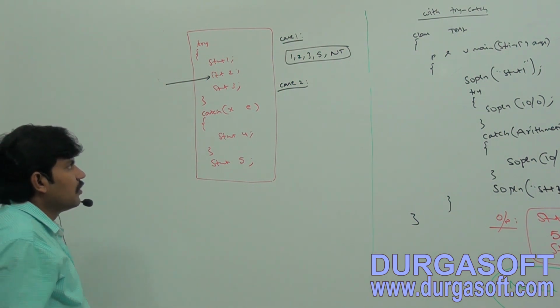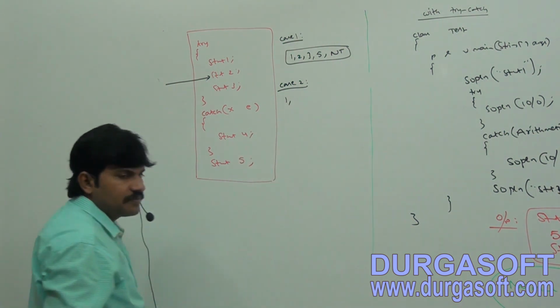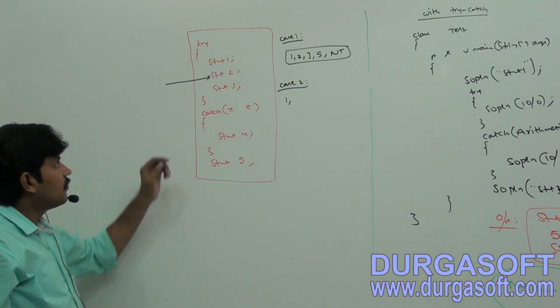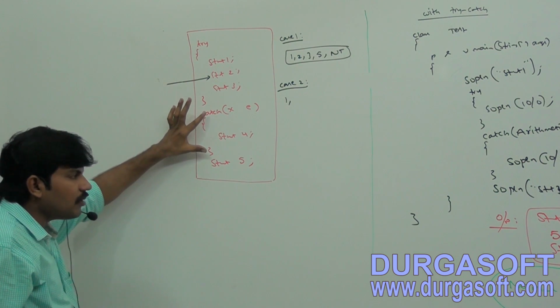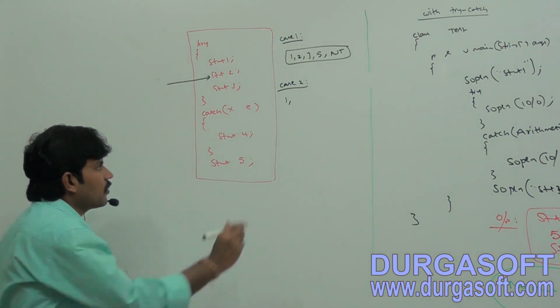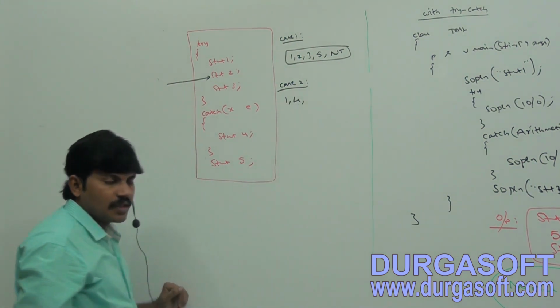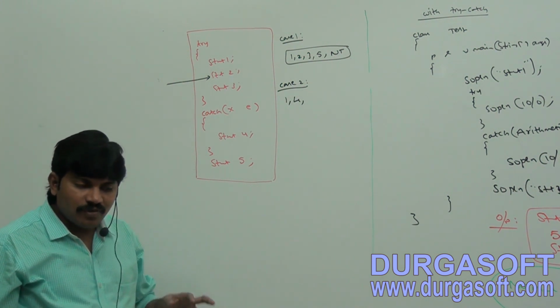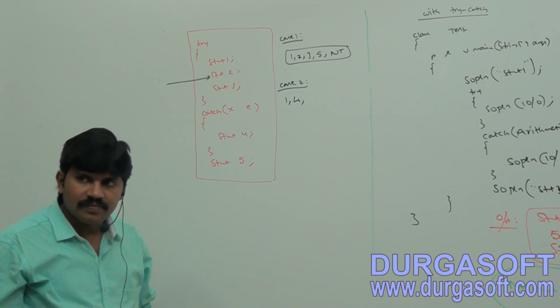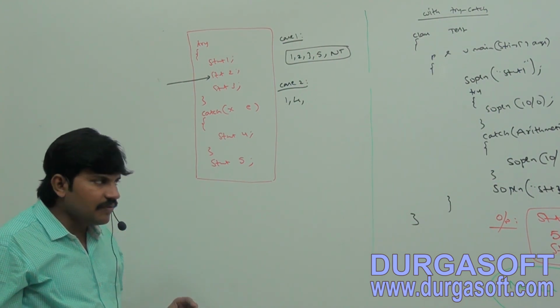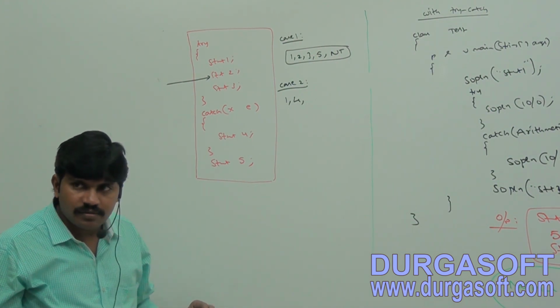Let me spell it out. 1 will be executed. Here the problem came: immediately the control comes to the catch block. So 1, 4, and then 5, or 3, 5? Anyone feeling 3 is going to execute?